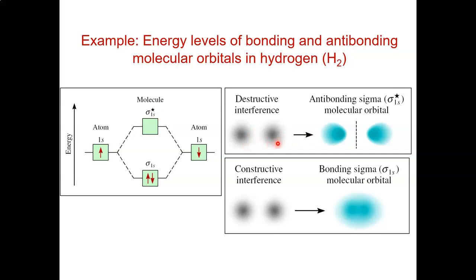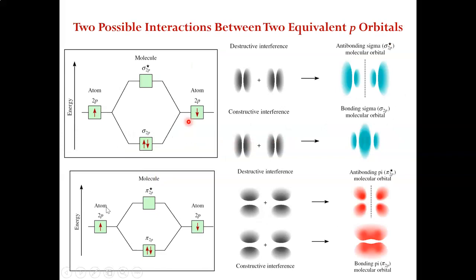Destructive interference will form the anti-bonding sigma molecular orbital, while constructive interference will form the bonding sigma molecular orbital. Same for this one: these are two possible interactions between two equivalent p orbitals.